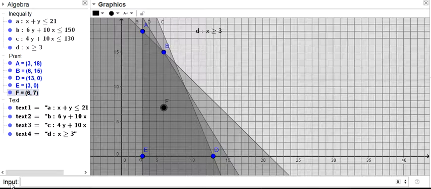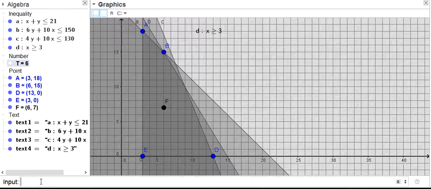For example, I'm going to say capital T, which is the acreage I'm going to plant in tomatoes, is equal to the x value from point capital F. So that's the syntax. I'm going to define a variable t equal to the x value from coordinate F, and when I press enter, you can see t is currently 6.